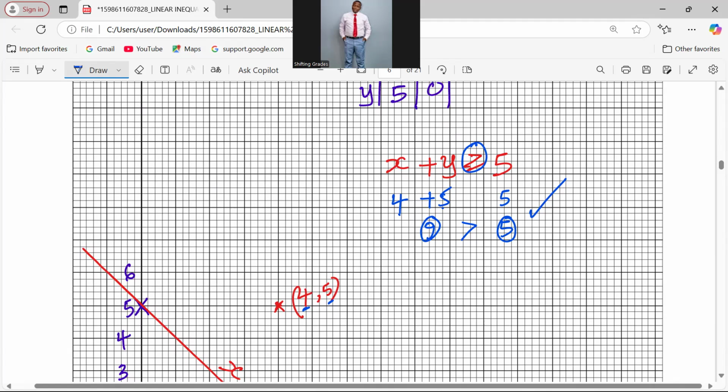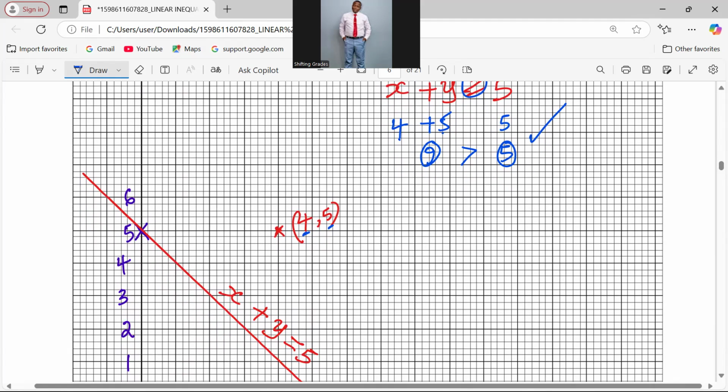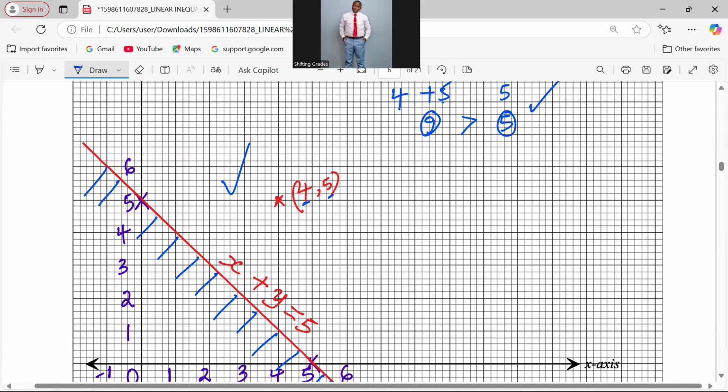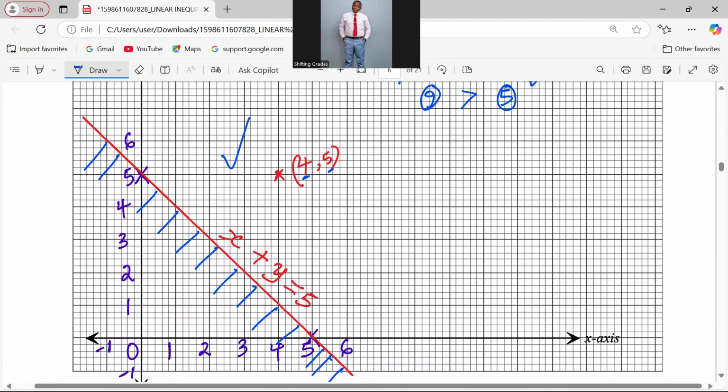We find that the left-hand side is greater than the right-hand side. So this is the required side, and for this inequality we shade this side, because we have confirmed that the upper side is the wanted side.